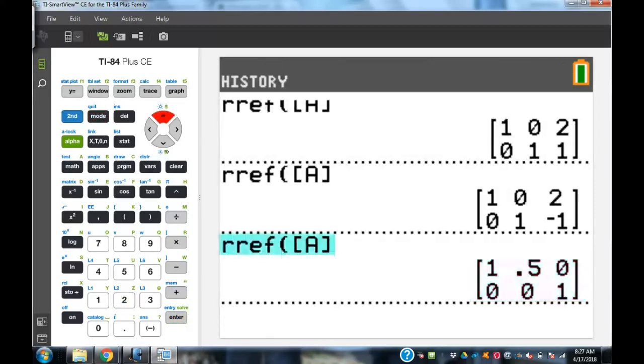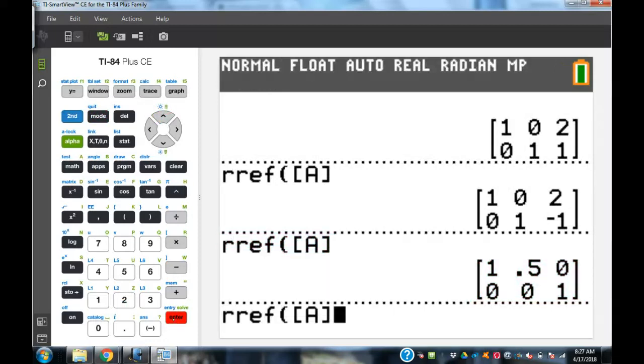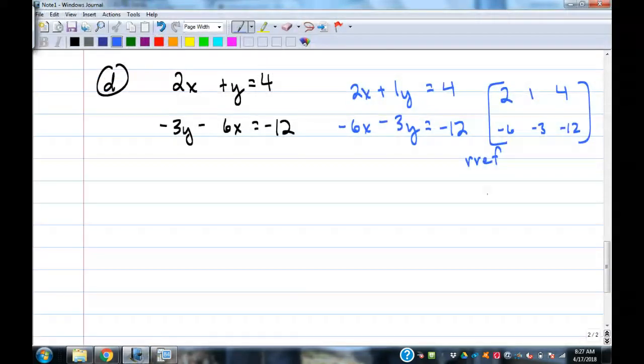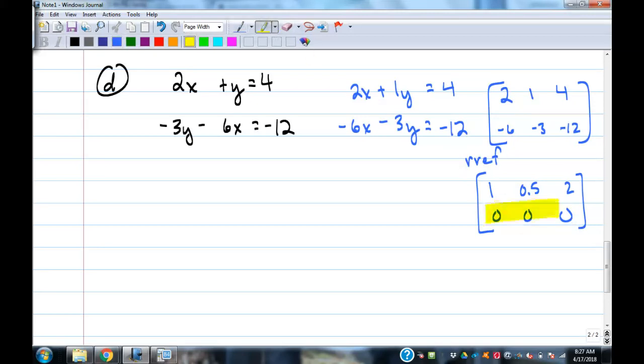And I'm just going to do the shortcut here, RREF on matrix A. Now that bottom row there, we've got all zeros. 1, 0.5, 2, 0, 0, 0. That bottom row tells us that this is infinitely many solutions.